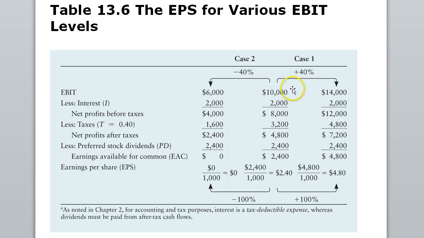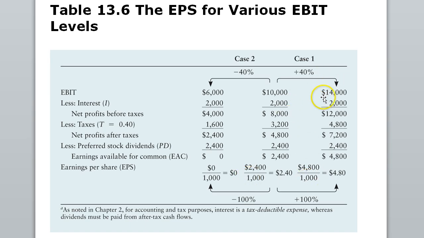Okay, so let's look at a change. We're starting at this $10,000 in EBIT. What happens if we go up 40% and we go down 40%? If we go down 40%, the net effect is earnings per share of 0. And if we have just a $10,000 EBIT, then we have our earnings per share of 2.40, because we have 1,000 shares outstanding.